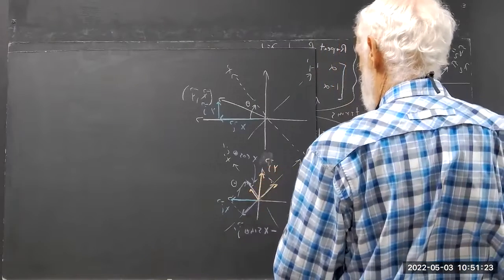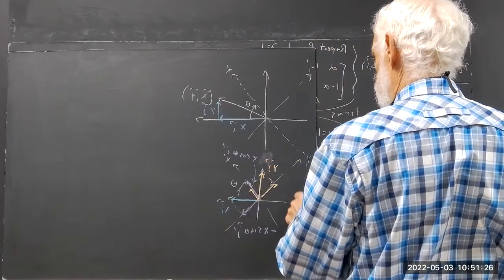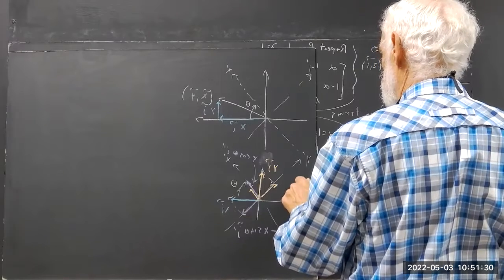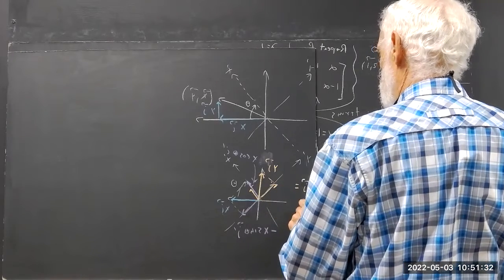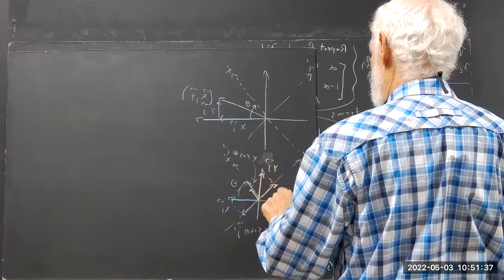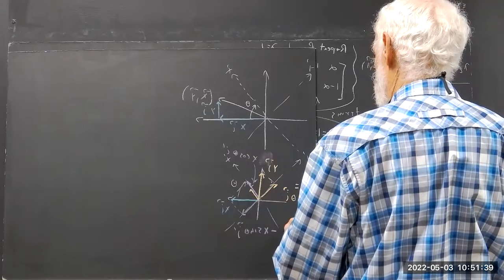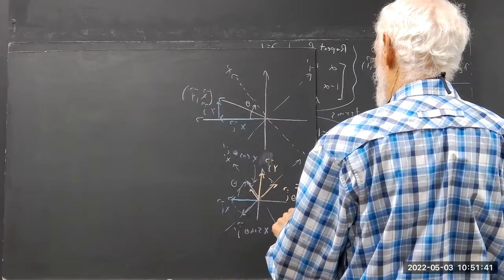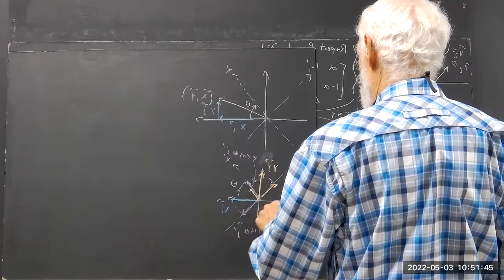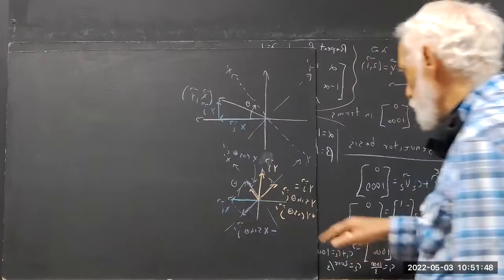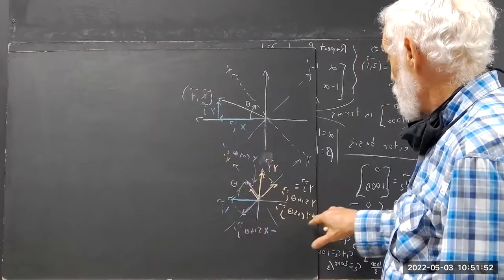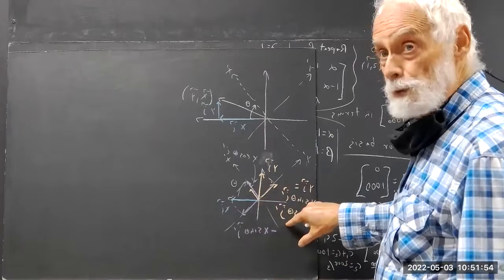So this is y sine theta down here times the i prime and y cosine theta times the j prime.